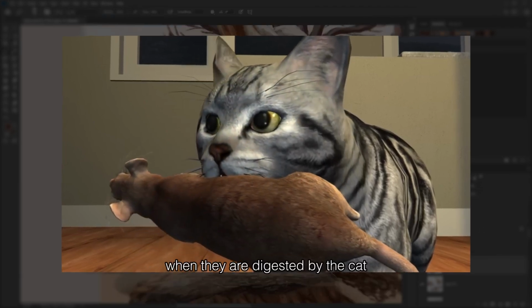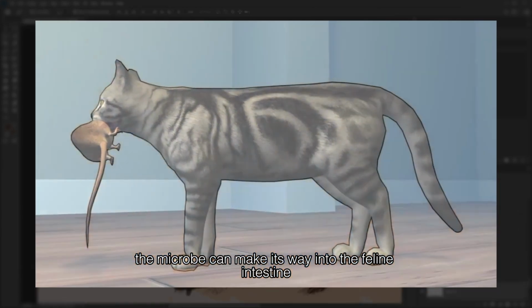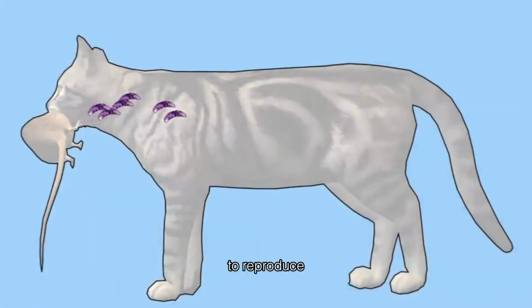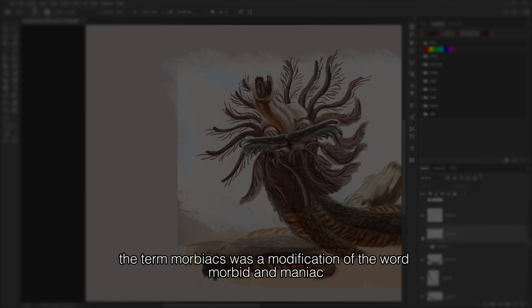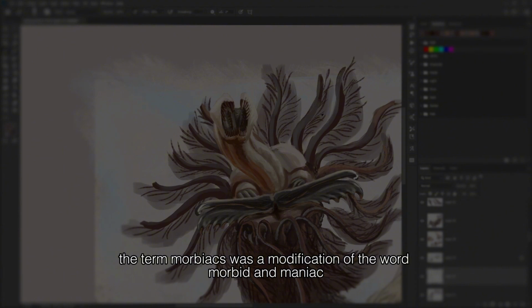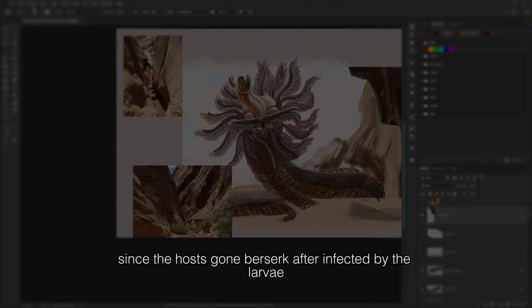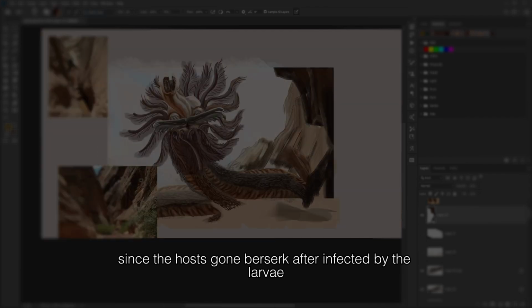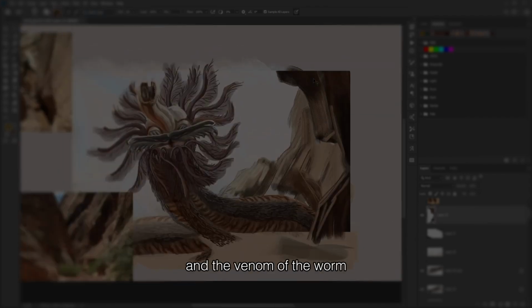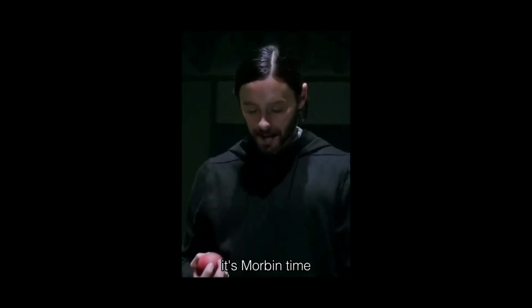When they are digested by the cats, the microbe can make its way into the feline intestines to reproduce. The term morbiax was a modification of the words morbid and maniac, since the host goes berserk after being infected by the larvae and the venom of the worm. It's morbid time.